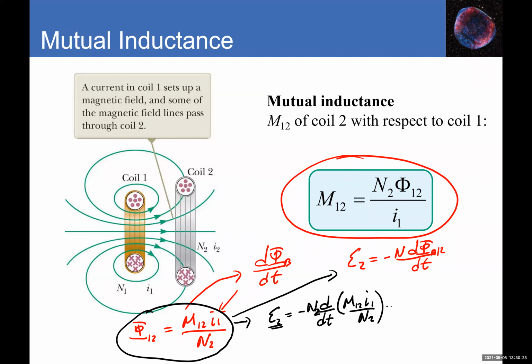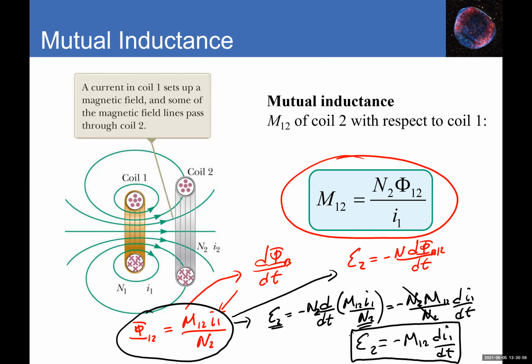Since I have negative number of turns in coil 2, and mutual inductance is a constant, it can come out of the derivative. So it becomes M12. N2 is also a constant, so it can come out. And then what we end up with is di1/dt. Obviously, we can get rid of the N2. So then EMF2 is equal to negative M12 times di1/dt.